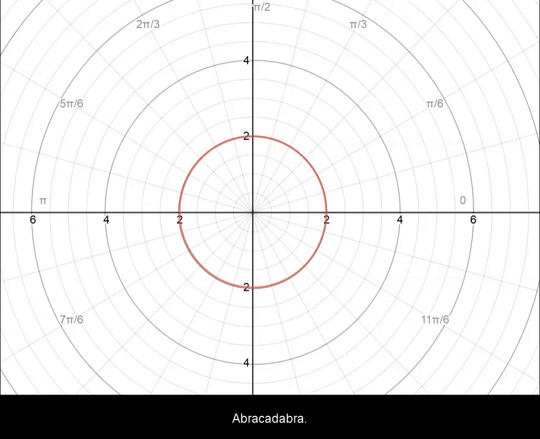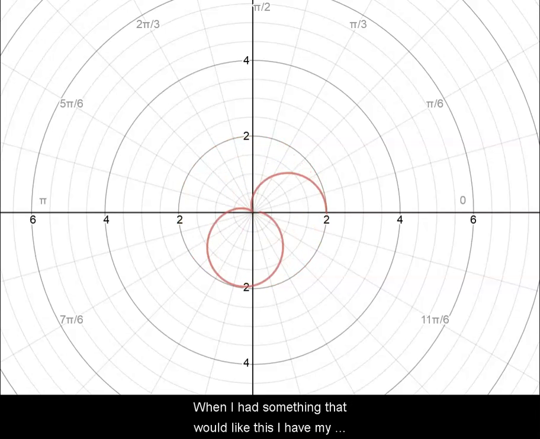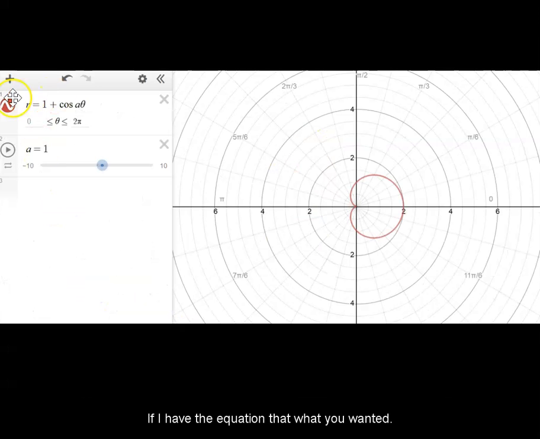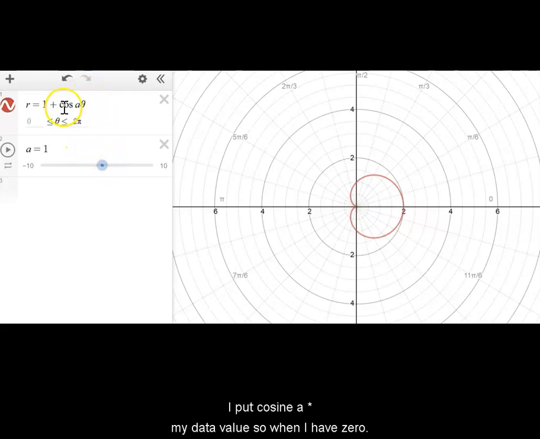Abracadabra. Right now, we are looking at what happens when we have r basically equals 2. When I had something that looked like this, I had my cardioid. What I'm doing right now is I have the equation that we wanted, and I put cosine of A times my theta value.